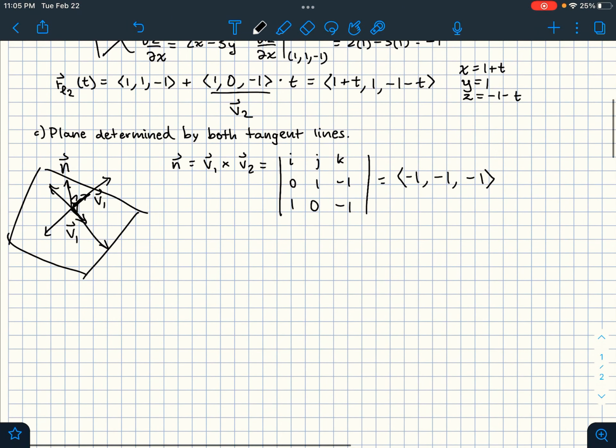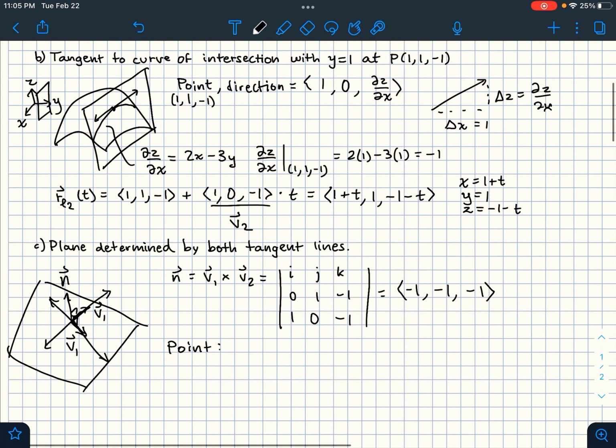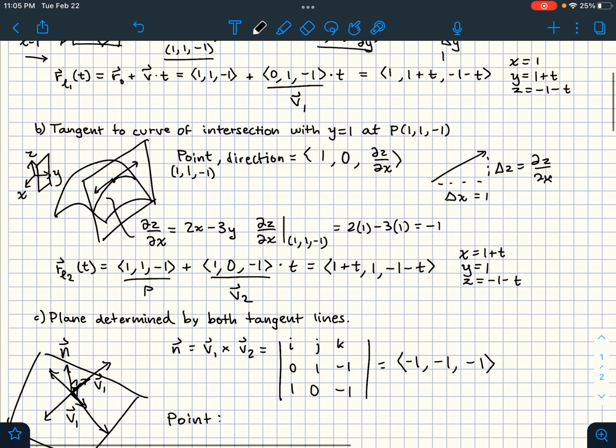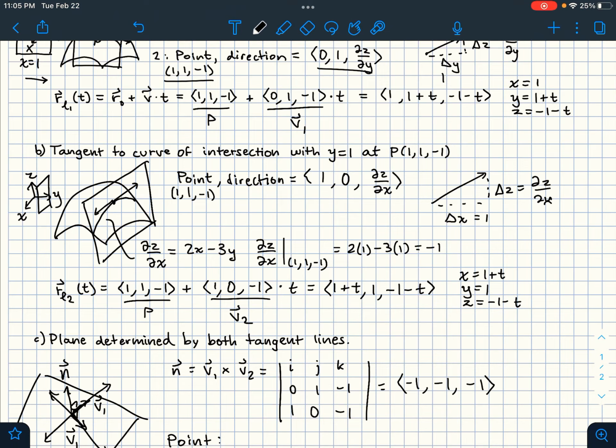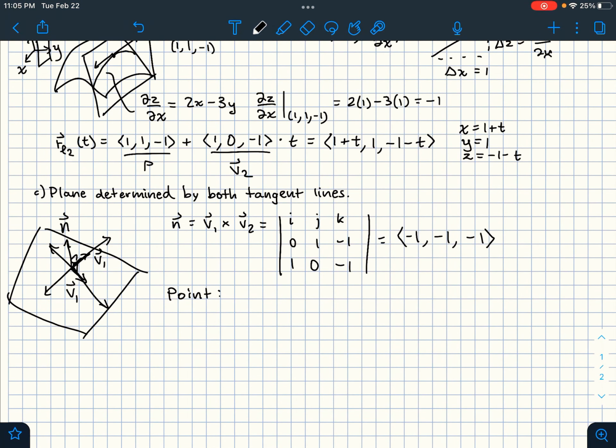Okay, and now that we have our direction, remember any plane needs a direction and a point. Our point will be the point contained by those two lines, which we know will be this point because both lines contain that point. So that's also going to be a point on our plane.